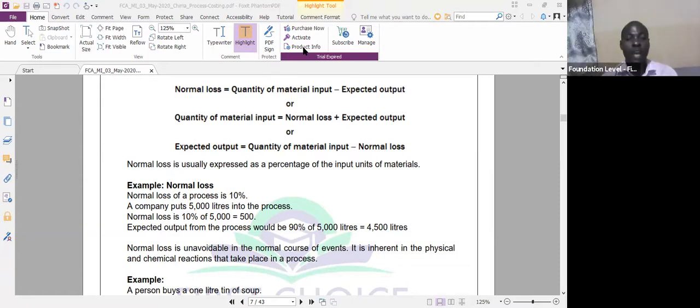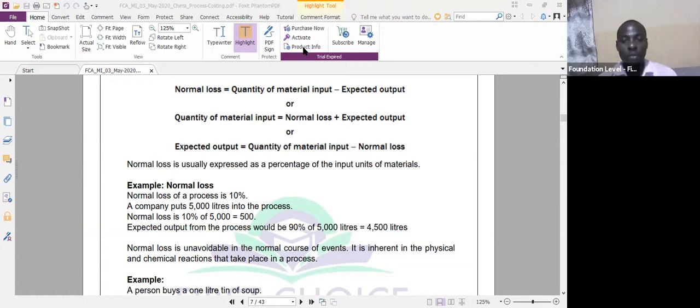If a company has normal loss of 10% and it puts 5,000 liters into a process, it means the normal loss will be 500. Then what will be the expected output? The expected output will be the material input, which is 5,000 liters, minus the normal loss of 500.